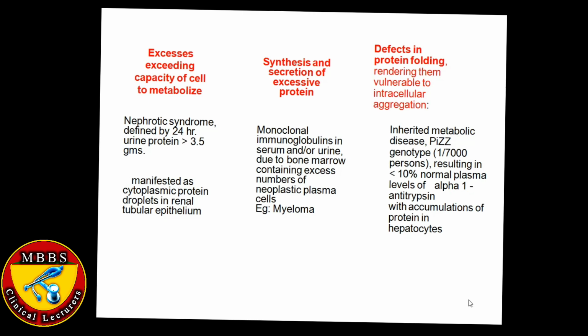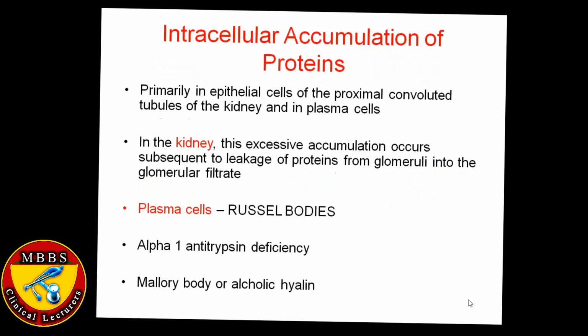Third, inherited metabolic disease resulting in less than 10% of the normal plasma level of alpha-1 antitrypsin, with accumulation of protein in hepatocytes. So these are the three ways in which protein gets deposited in different cells.